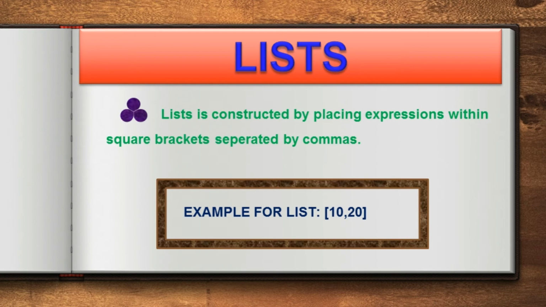This expression is called a list literal, and it can store multiple data values. Each value can be of any data type like integer, floating, boolean, etc. And it can be another list, that is, a nested list.